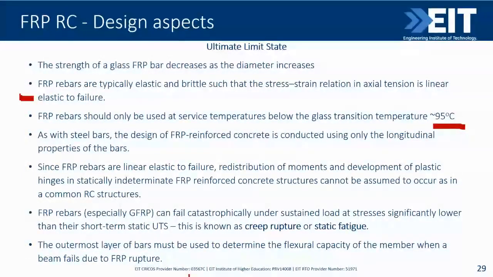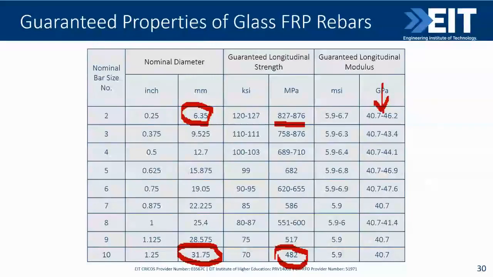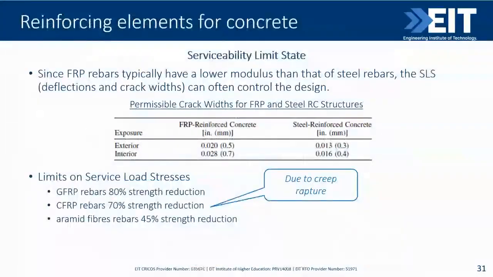So let's have a look at the serviceability limit state, which in this case will be more important. So, well, FRP bars typically have a lower modulus than steel bars. So, at serviceability limit state, deflection and crack widths can often control the design.